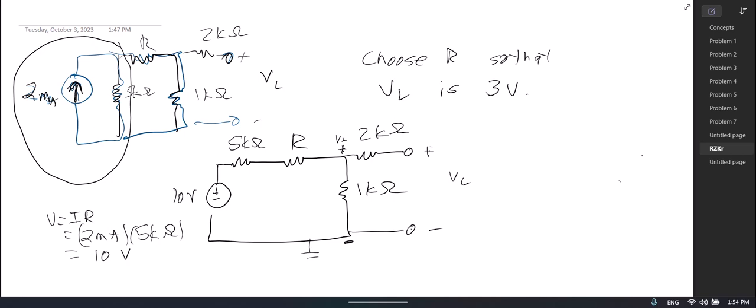The reason why is that even though there is this 2 kilo ohm resistor right here, it's not doing anything because it's an open circuit. So this voltage right there is in parallel to this. So if I can get the voltage across the 1 kilo ohm resistor, then I will have the same as the voltage across these two terminals right here.